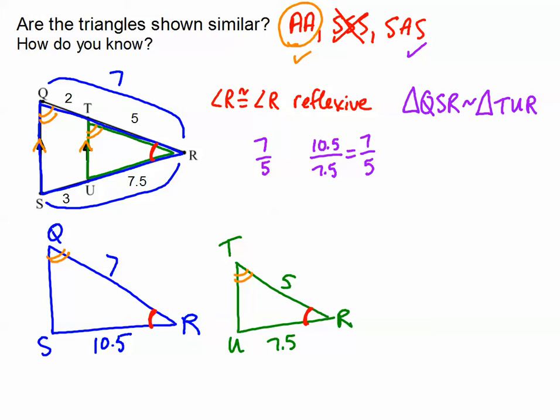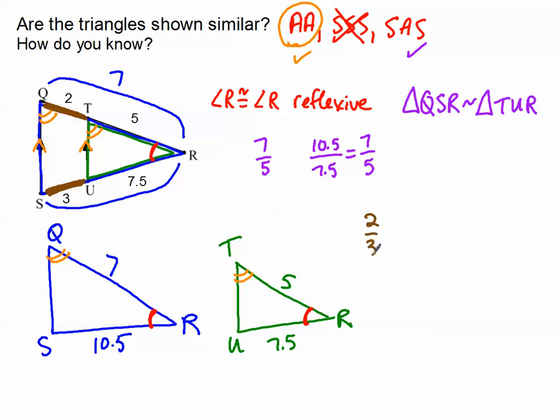Let's just take a look at something else besides the sides of the triangle. We matched up the entire side 7 to the entire side 5. Those are the smaller sides. But what if we look at this picture as a whole and match up just pieces of the sides? What if we match up this little piece that's on top with this little piece that's on the bottom and make a ratio from those pieces?